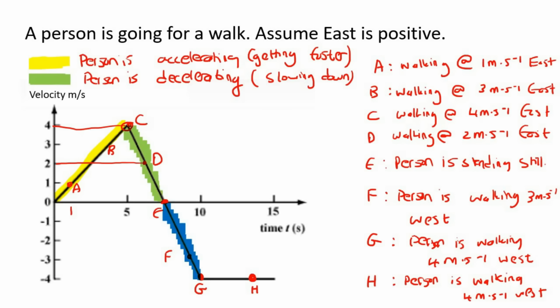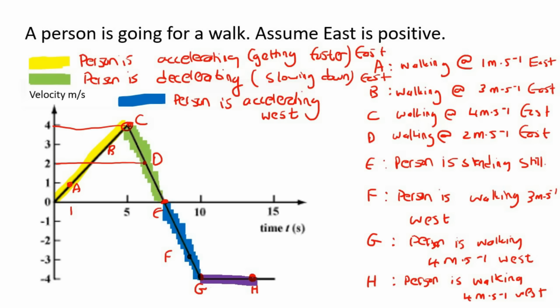So they're not getting slower there. So for that blue part, we will say that the person is accelerating. And what I could have even said over here was east. For this one, let's rather write it over there. And then for this one, the person is now going in a west direction. And then this last little piece, we can say the person is moving at constant velocity.